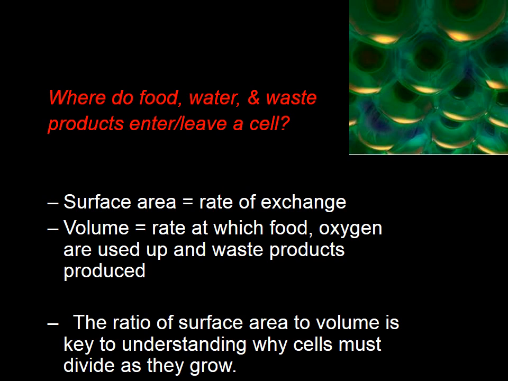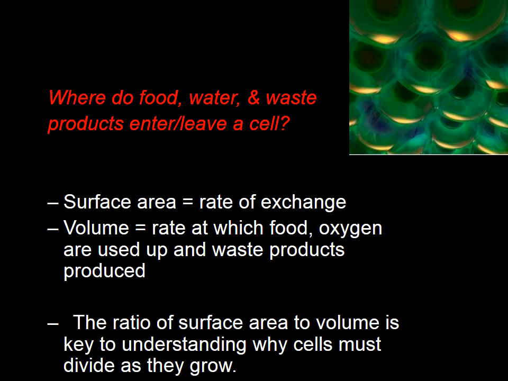Now the volume is inside the cell. So now we're looking at how long it takes to get from the surface area of the cell inside the cell or through the cell, and vice versa, from inside the cell to outside the cell. Because some things can't be in the cell very long, such as waste products. Some things might need to get inside the cell quickly, like food and oxygen.